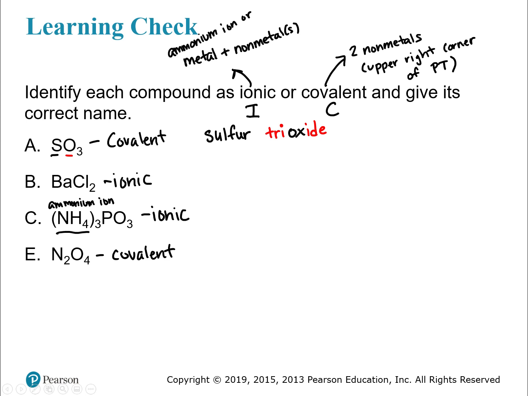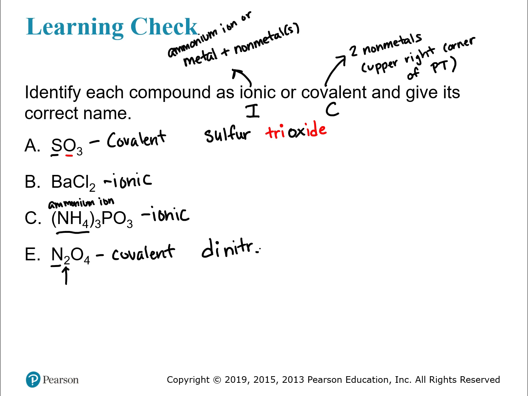I'll name the next one too. So letter E we said was also covalent. The first element is nitrogen. And we see that there are 2 of them because of this subscript. So we need to use a prefix that means 2. That prefix is di. So these prefixes, mono, di, tri, you'll need to know these. And you know most of them already just from living life. So we've got our prefix.